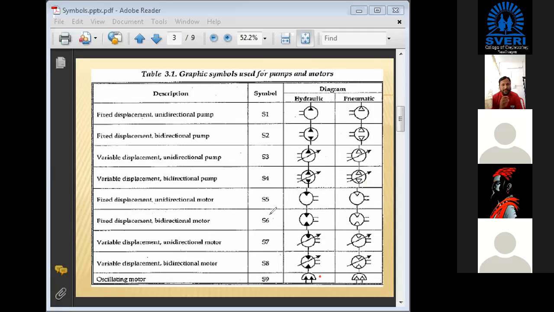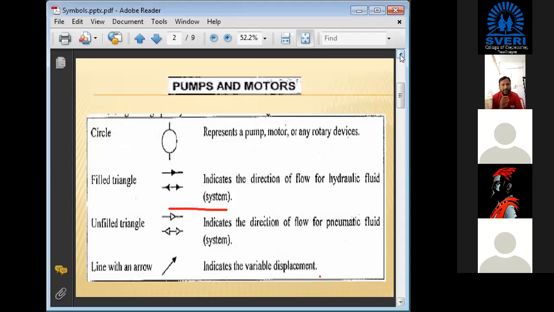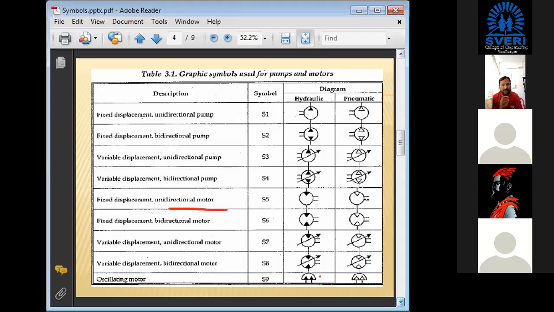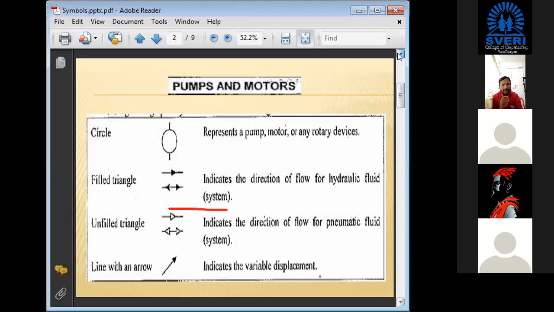Now that was about the pump. Now let us go for the fixed displacement unidirectional motor. Pump or motor, we are representing by this one. Correct.